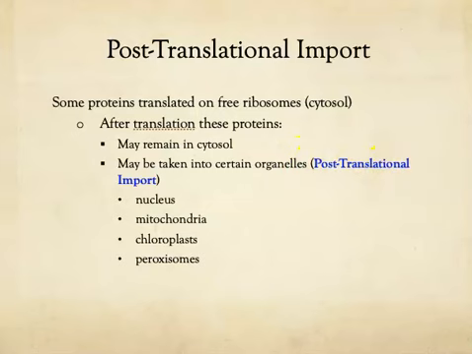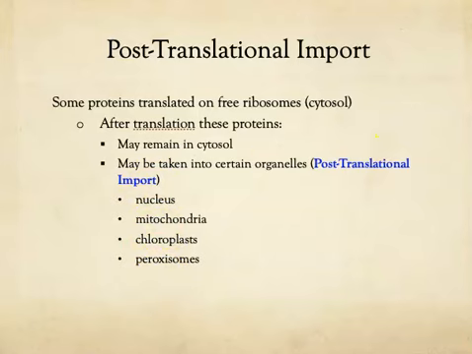post-translational import. After translation is complete, after this polypeptide has been made, it will be delivered to its destination and it will be imported into any of these structures so that it can perform its final function.